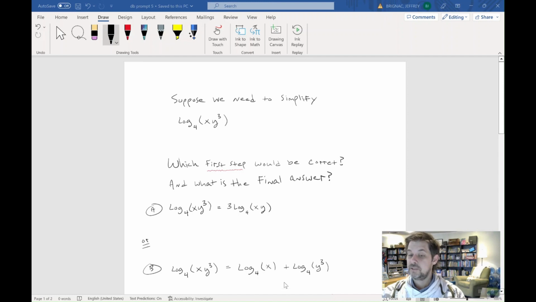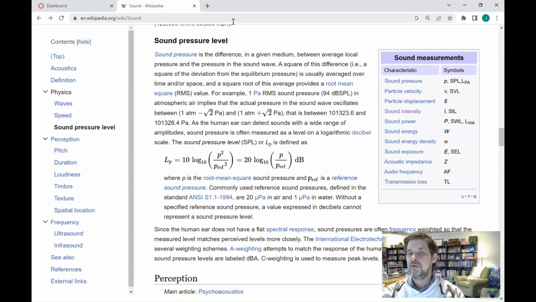Before I get to the question, I want to tell you about something that I'll weave into this discussion a little bit. We are talking about logarithms, specifically simplifying logarithms, and that's what my question is about today. But one application or use of logarithms is that we measure the loudness of sound in something called a decibel, which is on a logarithmic scale and uses logarithms.